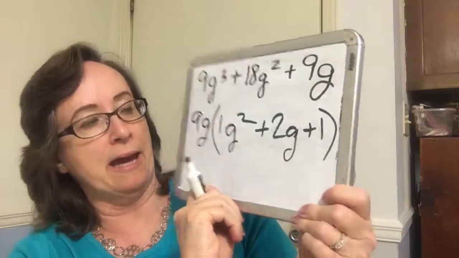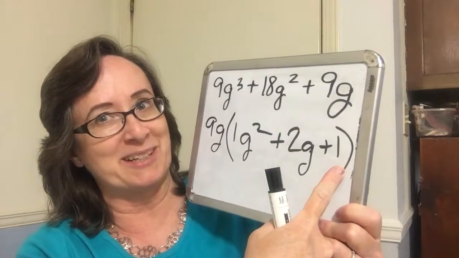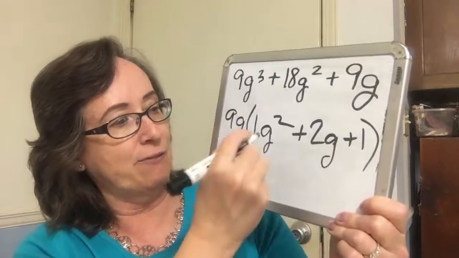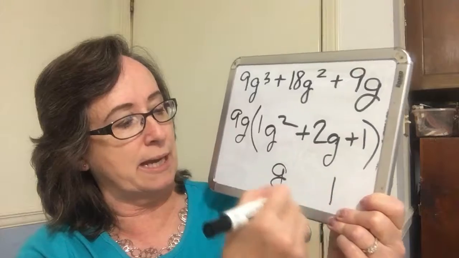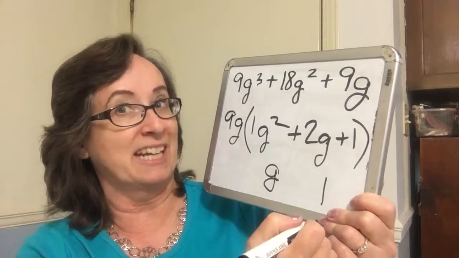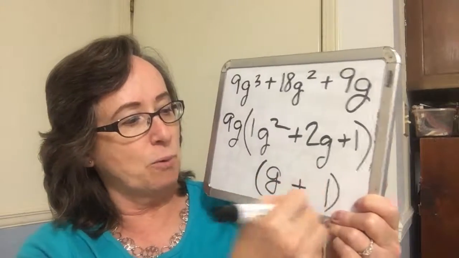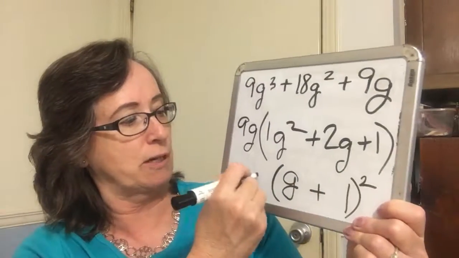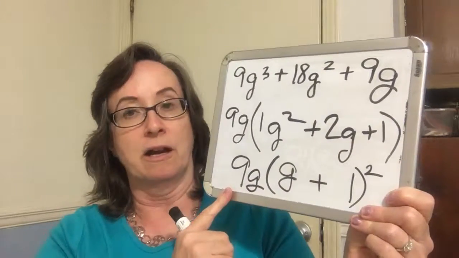So we have a perfect square on the front, and 1 is a perfect square on the back. If I took the square root of this one, I get a g, the square root of this one, I get a 1, I multiply them together, I get a g, I double it, I get a 2g. So this portion here is a perfect square trinomial, and then I just put my greatest common factor on the front.